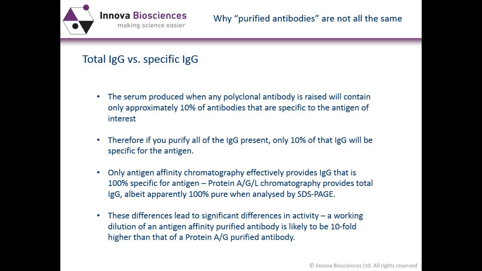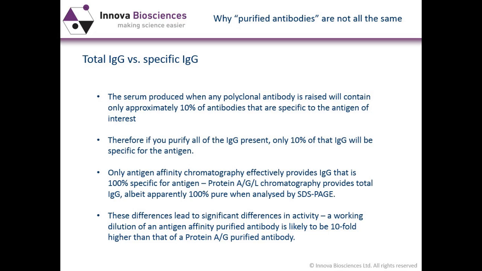Another aspect I just wanted to talk about briefly is so-called total IgG against specific IgG. Sometimes people aren't really aware that when you raise a polyclonal antibody, even after several rounds of immunization, only approximately 10% of the immunoglobulin that is present will be specific to the antigen that you're interested in.